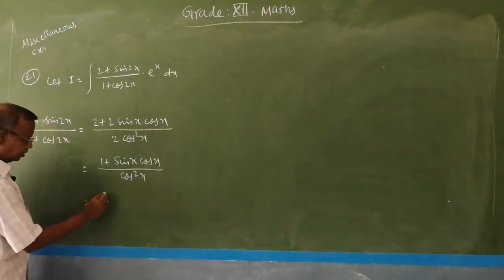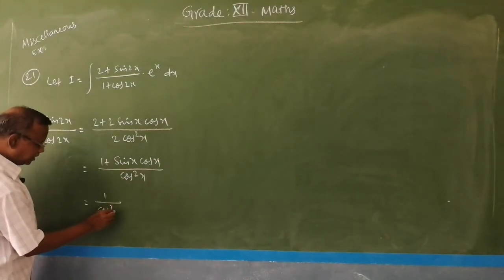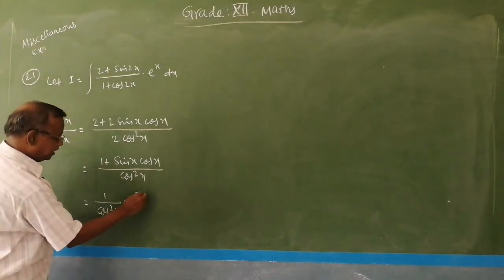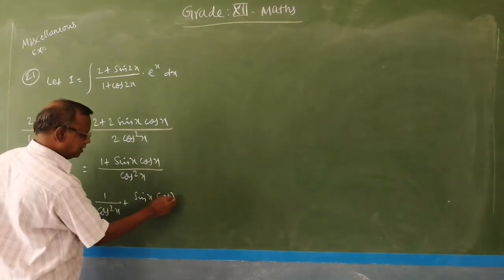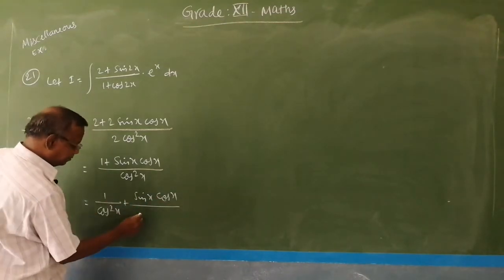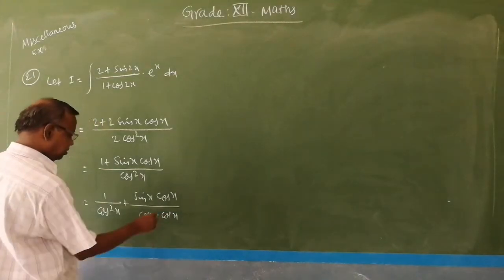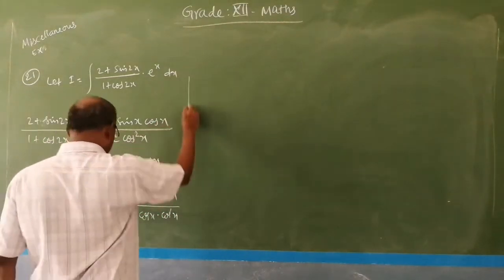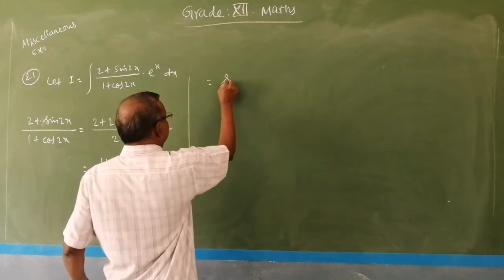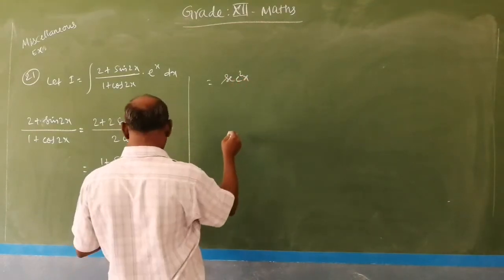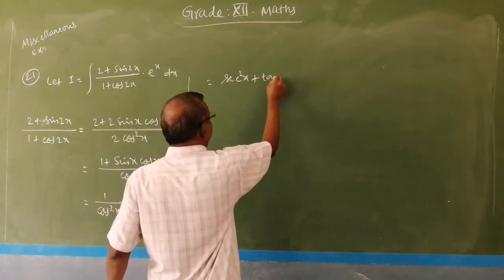So this is equal to 1 by cos square x plus sin x cos x divided by cos square x, which can be written as secant square x plus tan x.